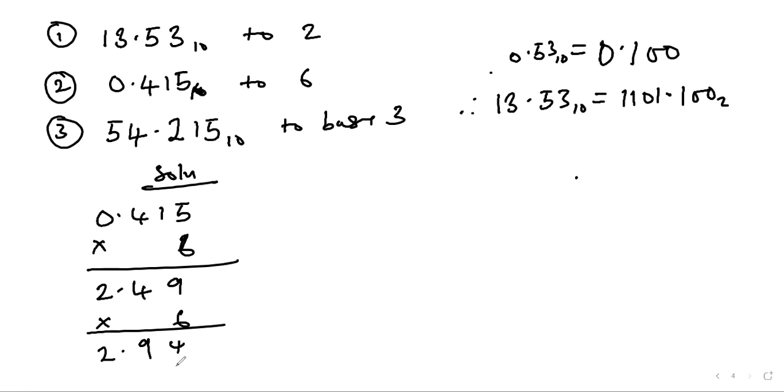So I'll do one last time. 6 times 0.94 will give you 5.64.